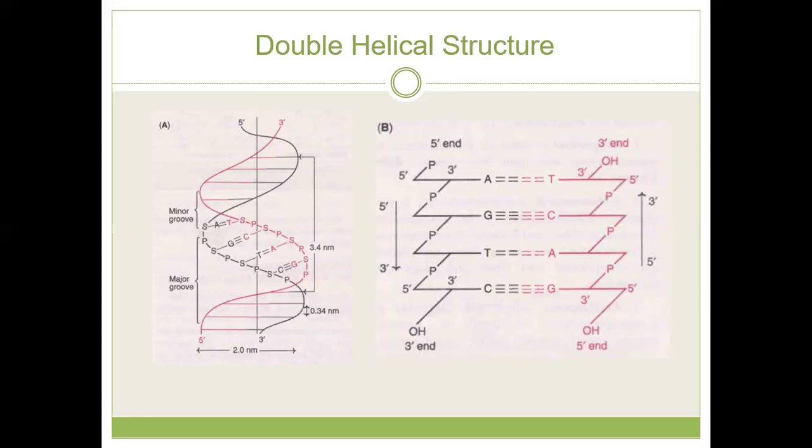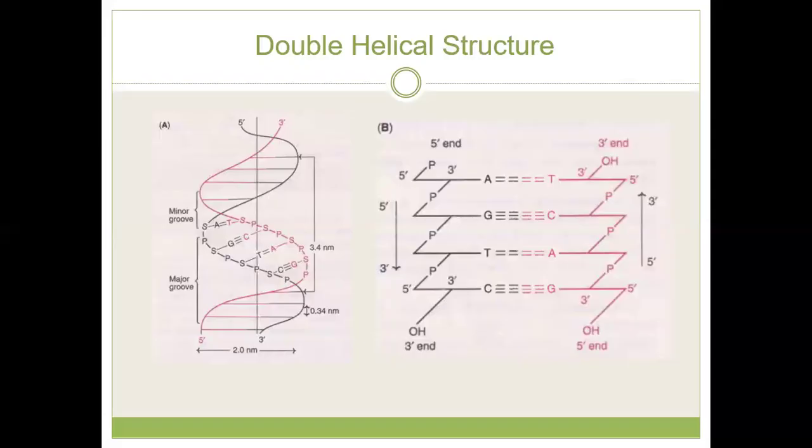Now, what are the reasons? What may cause this to happen? Usually high temperature, or extreme pH, highly acidic or highly alkaline pH, can cause the unwinding of the helical structure, as well as the breakage of the two strands to form a single strand. Another thing also is ionic strength or salt concentration.